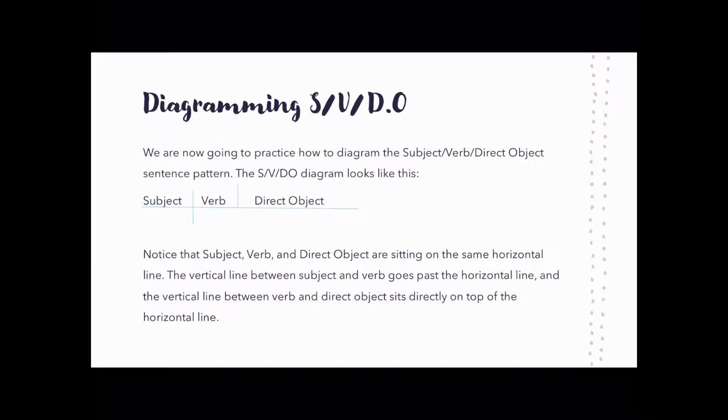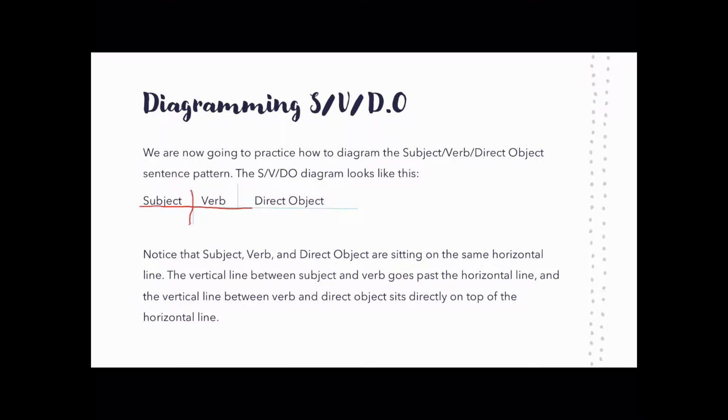So we have our long horizontal line, we have our vertical line in between subject and verb that goes all the way down past the horizontal line. But with a direct object, that line between verb and direct object stops right at the horizontal line. So notice that subject, verb, and direct object are sitting on the same horizontal line. The vertical line between subject and verb goes past the horizontal line, right here, past the horizontal line.